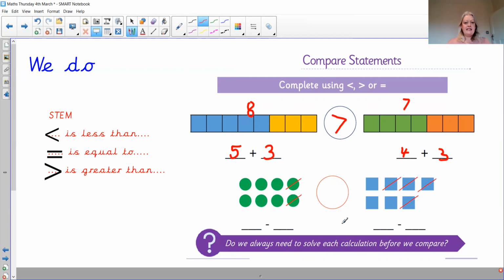So just then I said, yes, you always have to work it out before you can put your comparing symbols in. But then I looked at this next picture and my brain straight away told me the answer. I hadn't worked it out, because I saw it had more green counters on that side and fewer blue squares on that side.